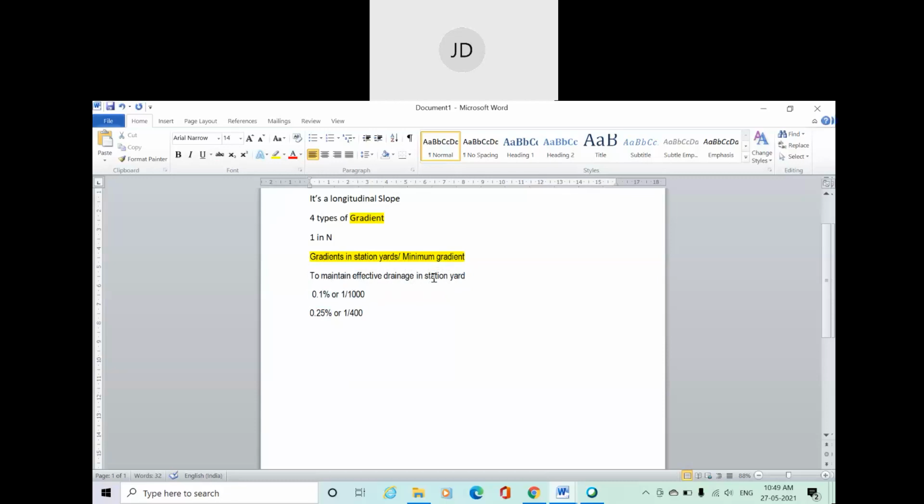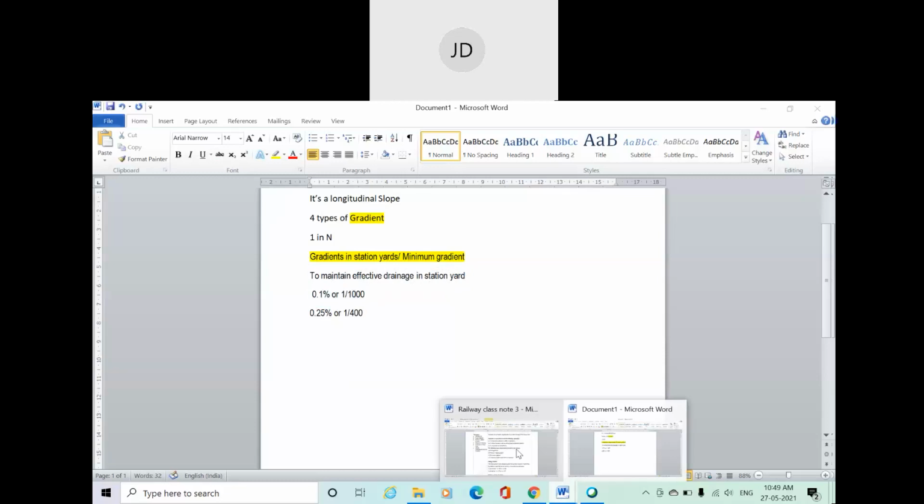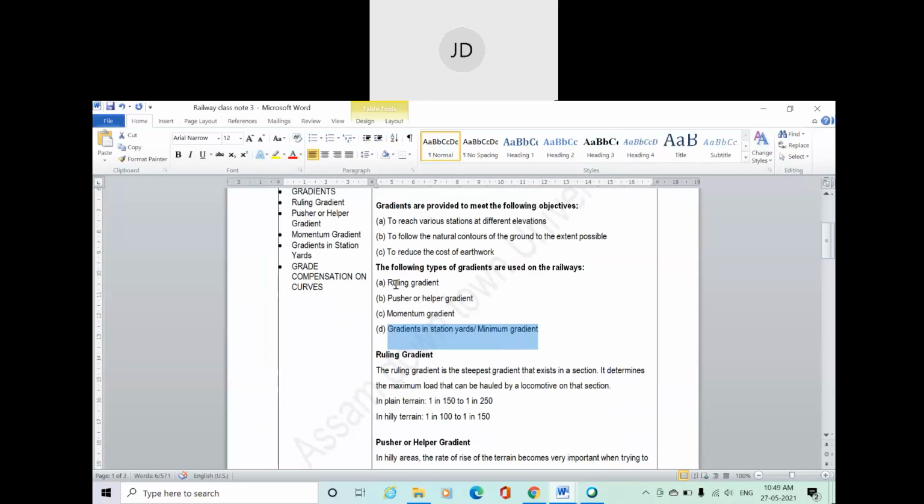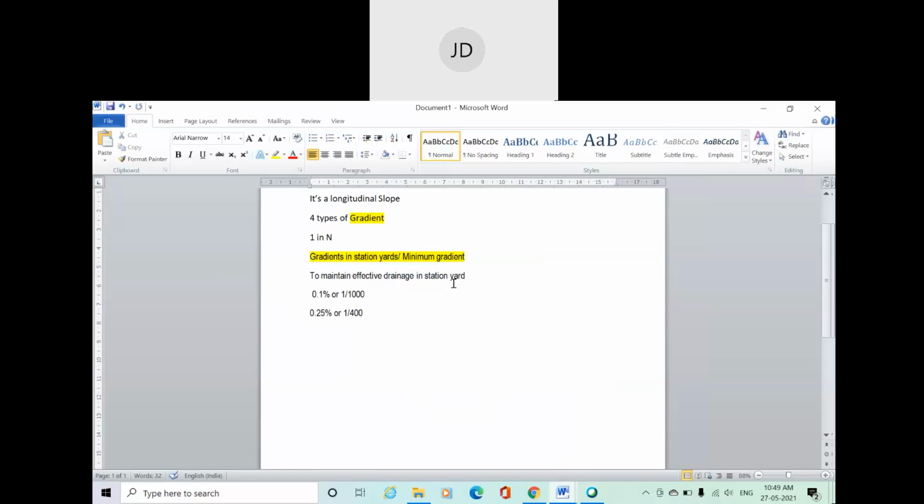Okay, clear? So next, I'm going to discuss the ruling gradient. I don't think all the gradients can be discussed today, so we can continue in the next class. Let's discuss the ruling gradient.